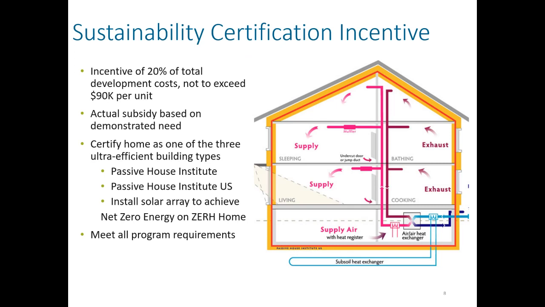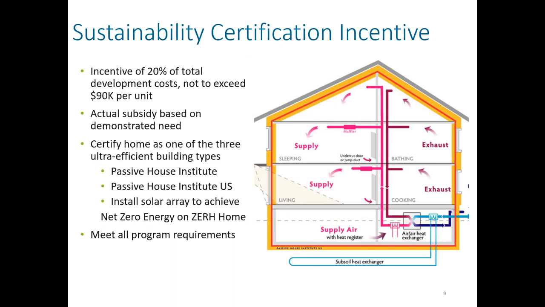So that means that an applicant could apply for both the gap financing for the project and then also the sustainability certification incentive to develop a certified home under one of 3 different certification types.